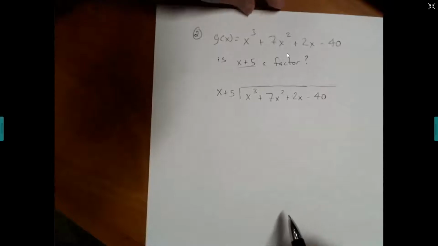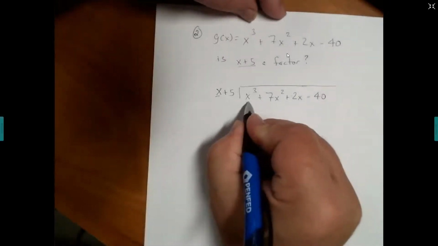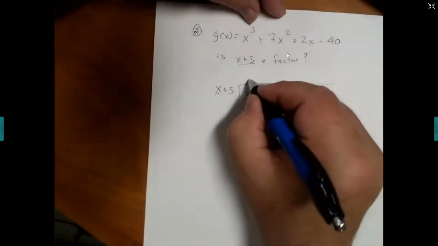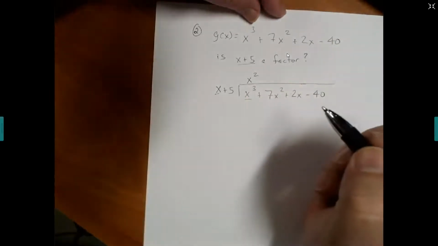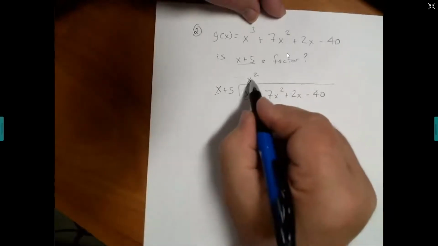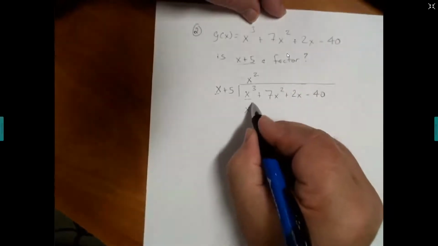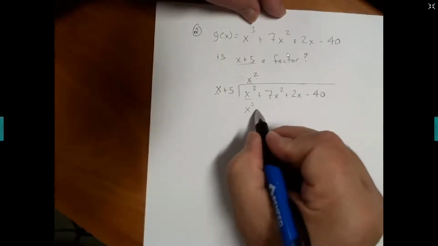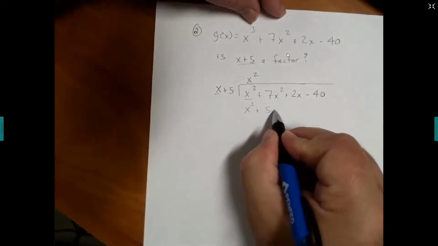So let's begin. What times x gives me x cubed? X squared. Take x squared, multiply it by both of these. So x squared times x is x cubed. X squared times 5 is positive 5x squared.